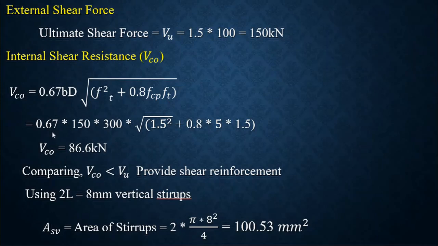Substitute all the values, we know all the values, so 0.67 into 150 into 300 into whole root of 1.5 square plus 0.8 into 5 into 1.5. You will get VCO as 86.6 kilonewton.